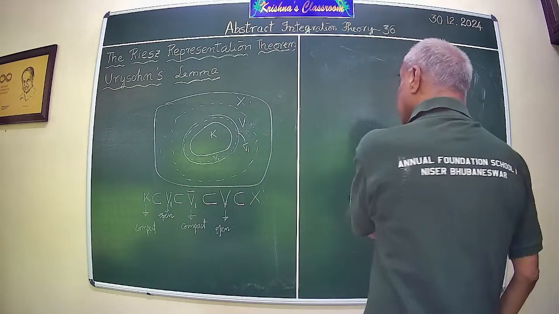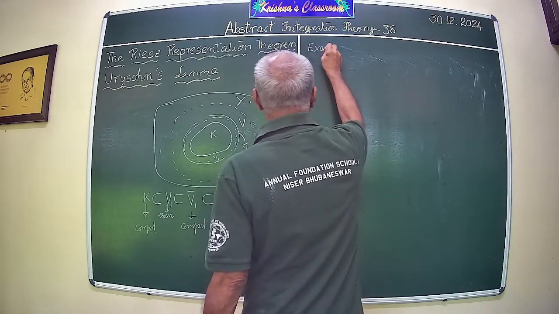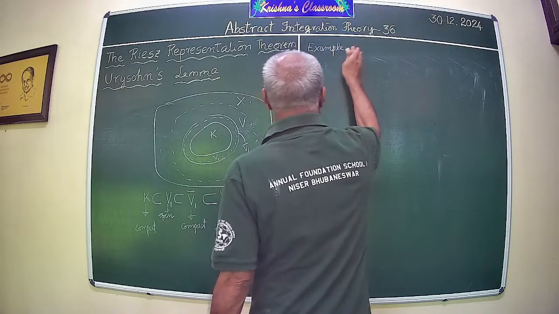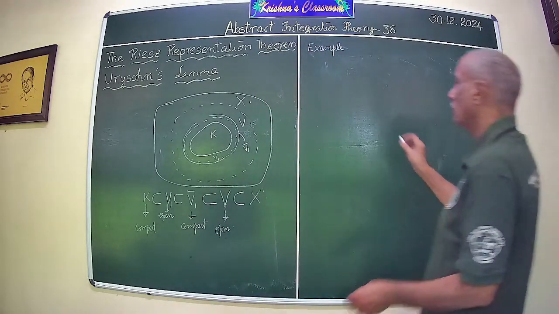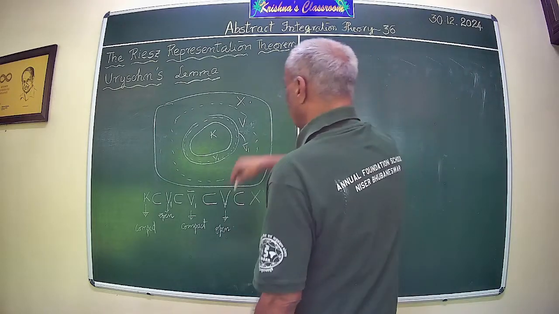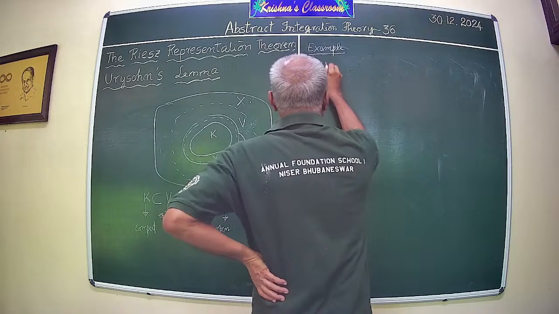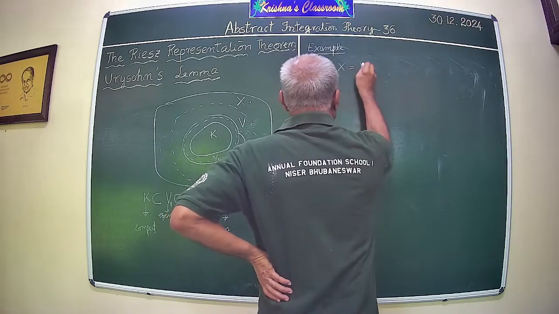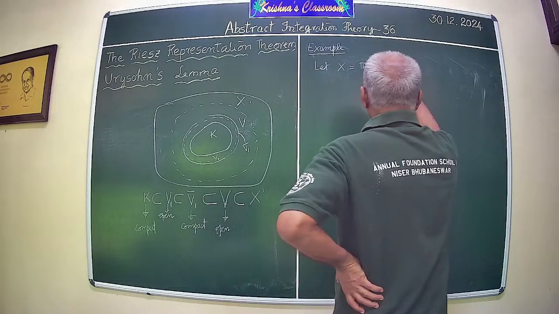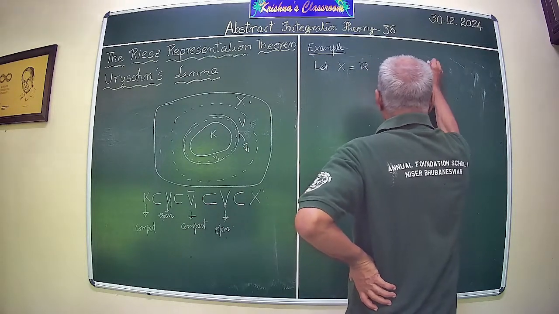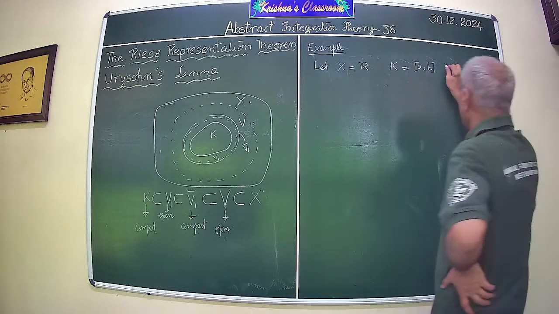Let us take up the situation. For this purpose, let X be equal to R, and K be equal to the interval [a, b], which is a closed and bounded interval. So this is compact.